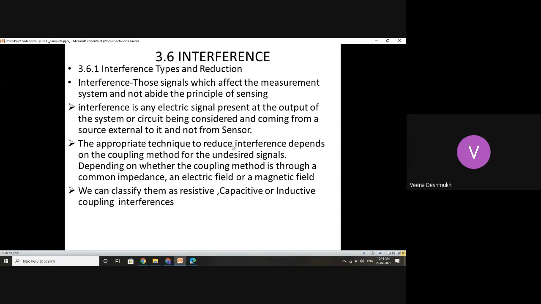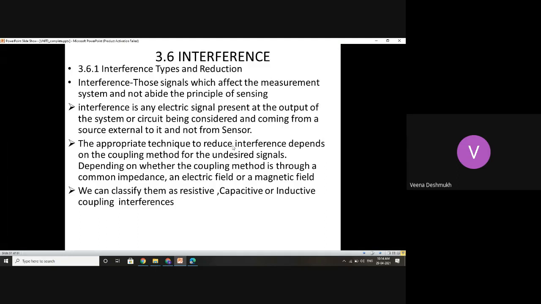Now, what exactly is the meaning of interference here? Basically, interference in this case is the signals which affect the measurement system, and they do not come from the sensing element, or they are not generated by the sensing elements or the parameter under test.